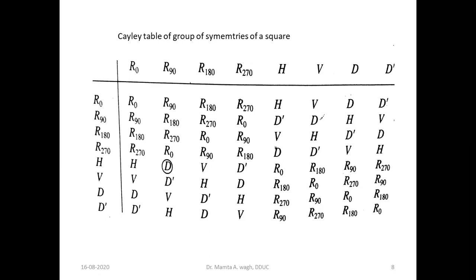These are the four basic things that have to be followed by a set to make it a group. All four are visible here. So we can say finally that this set of symmetries of a square is a group. In fact, it is a non-abelian group.